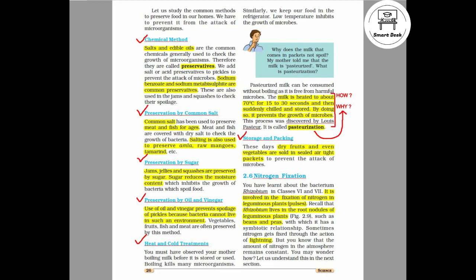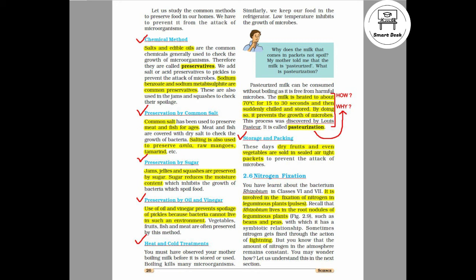Heat and cold treatments. This is a really good process that is used to preserve milk, and the process is called pasteurization. A pasteurization question is surely going to come, like how pasteurization is done or why it is needed.